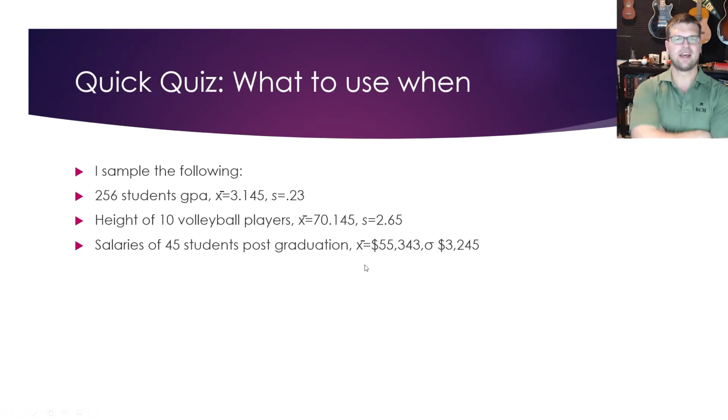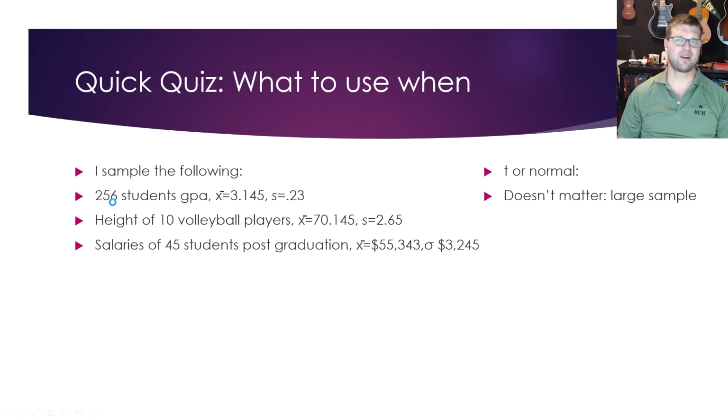Looking at the previous slide, you know that when you only have a sample standard deviation, you should be using the t. But because your sample size is very large, it does not matter if you use the t or the z score. Either one will give you the exact same answers, so go ahead and use the z or the t.